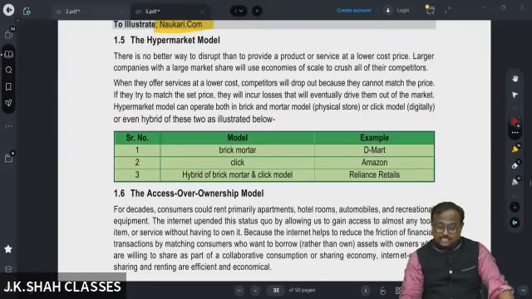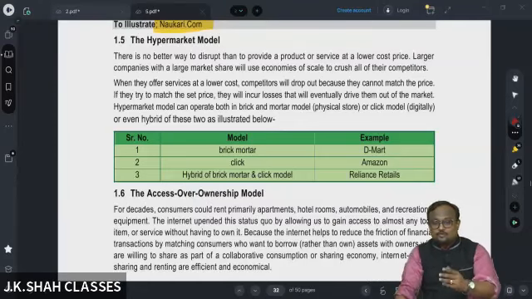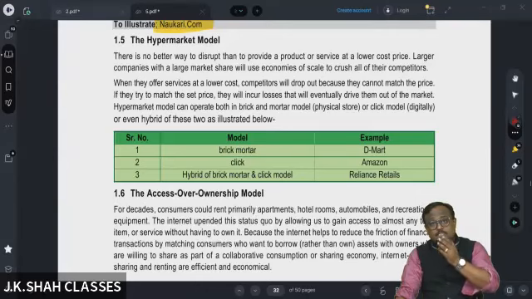DMart, Amazon and Reliance, they have already said. I can give you one more example: Vijay Sales. I don't know whether you are aware of it or not. Vijay Sales is again a chain. They buy products at a dirt cheap price directly from the manufacturer and they sell it at MRP, and they have VSP, Vijay Sales Price, which is lesser than the MRP.